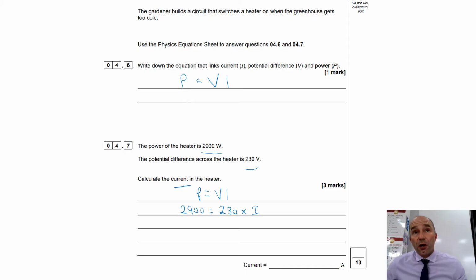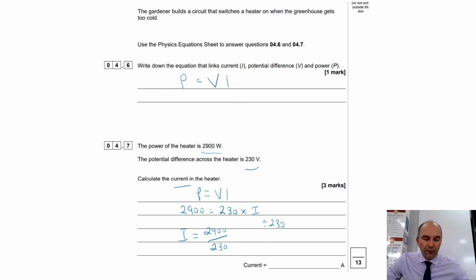We've got our first mark for just substituting our numbers correctly. We now need to get I by itself, so we need to divide both sides by 230. That means current is 2,900 divided by 230.